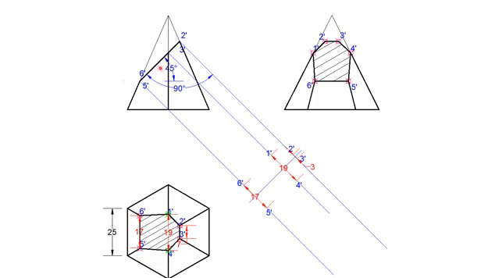So the cutting on the front elevation is at 45 degrees. We project lines 90 degrees to the cutting. So this line represents 6 prime and 5 prime. This one represents 4 prime and 1 prime. And this line represents 2 prime and 3 prime.